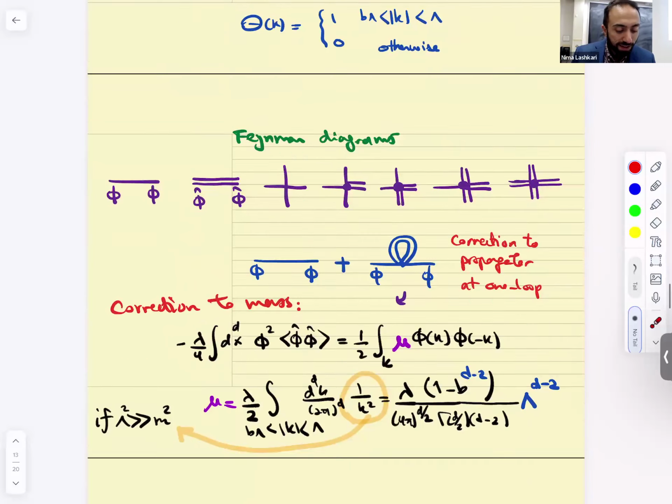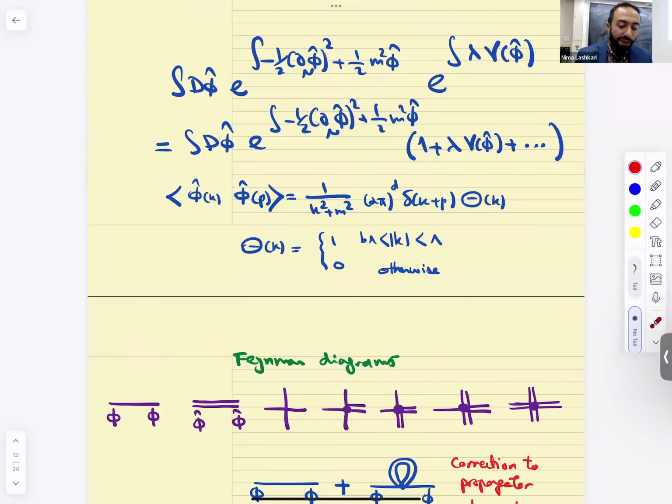So if I were not doing the path integral over phi hat, and I was just organizing this the way that we did in normalized perturbation theory, writing that phi hat is a different field than phi. The propagator for phi is this line. The propagator for phi hat is this double line.